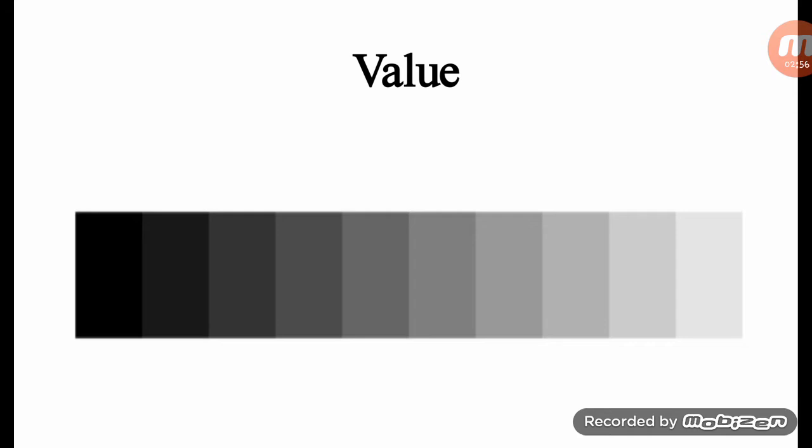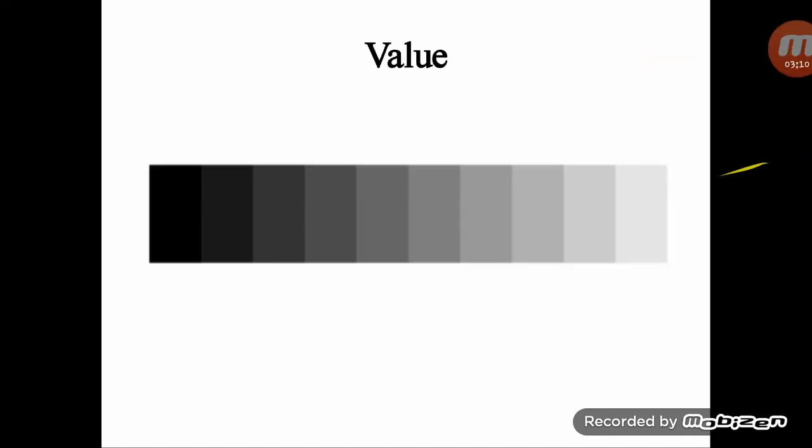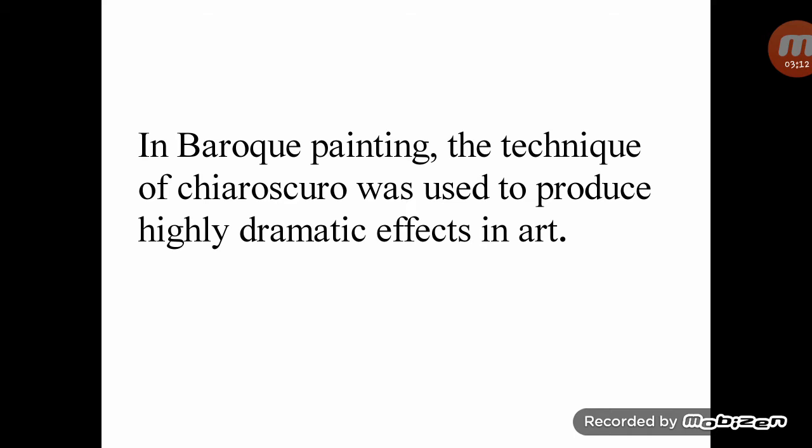Low contrast images result from placing mid-range values together, so there is not much visible difference between them, creating a more subtle mood. In Baroque painting, the technique of chiaroscuro was used to produce highly dramatic effect in art.